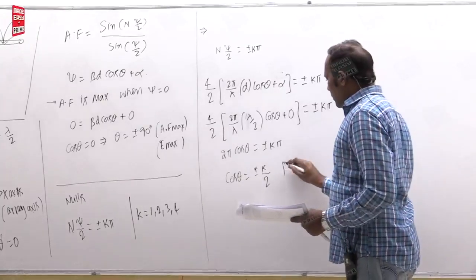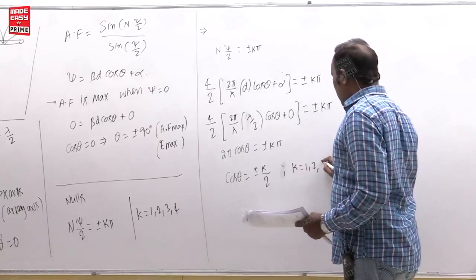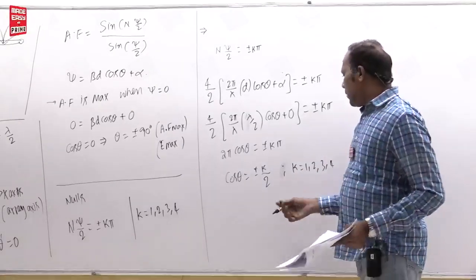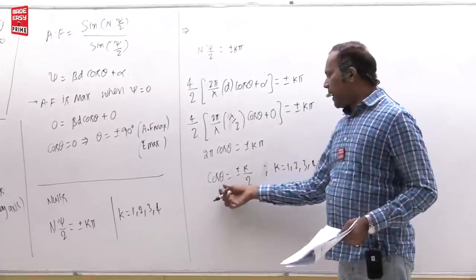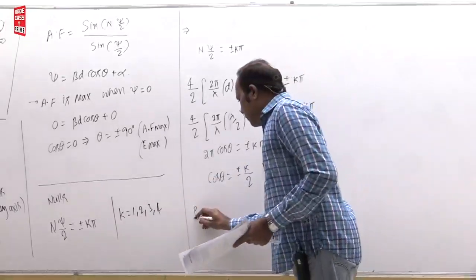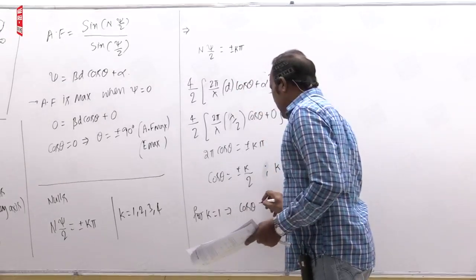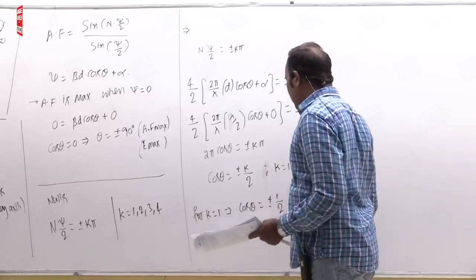Now k value is 1, 2, 3, 4 like this. Whenever k is 1, 2, 3, 4, you get some angles, and at all those angles nulls are there. Now for k is equal to 1, cos theta is equal to plus or minus 1 by 2.